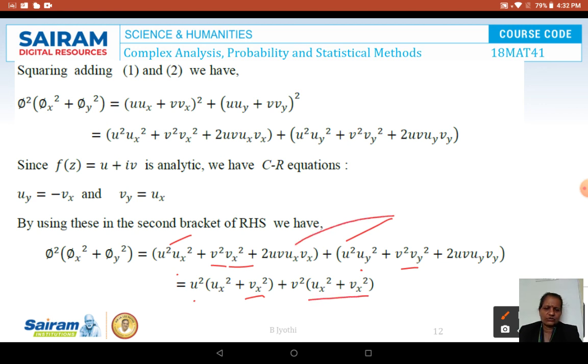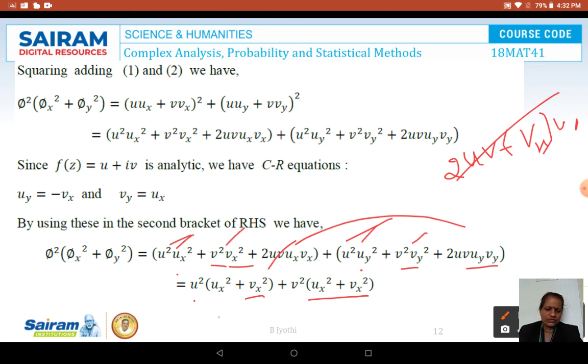And the cross terms will be cancelled when I replace uy with minus vx. Therefore, this sign will become 2uv into minus vx and ux, so this will be cancelled with the other term. So we are grouping the first terms of these two, that is u square, and the second terms, so that we get the v square terms. Whereas the third term will be cancelled on replacing the CR equations.